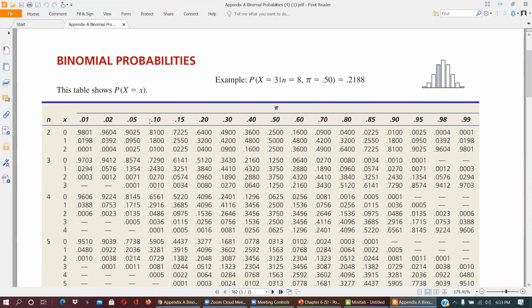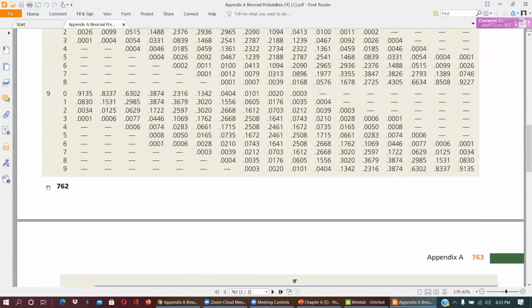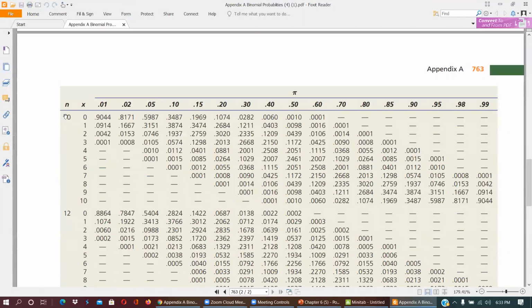On this side, these are the probabilities. You can see the pi values are here. In our question, the probability is 10%. Now here we have n values, so we check n, 11, 12.